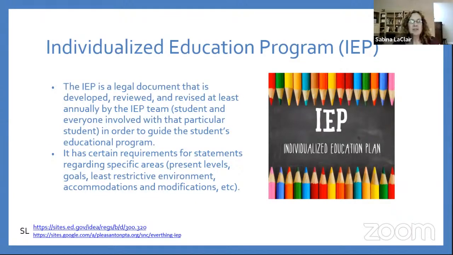This is the document that states how the school is going to meet the educational needs of a student with a disability through the special education program. The IEP is going to be completed by a team which includes the family, teachers, therapists, and other individuals that are important to the student. And with older students, they are also an integral part and invited to the IEP meetings because they need to be a part of this decision-making process.